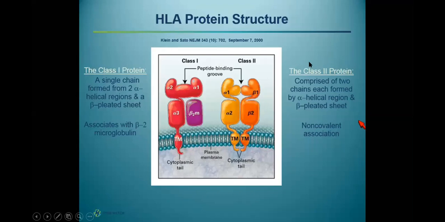And if you look at the class 2 protein, it is comprised of 2 alpha helices and 2 beta helices, again coming with 2 transmembrane domains here.